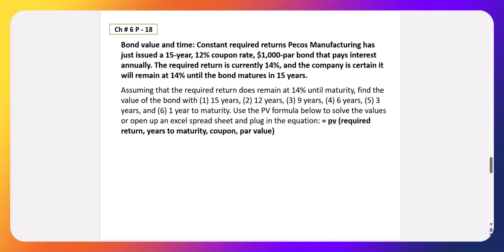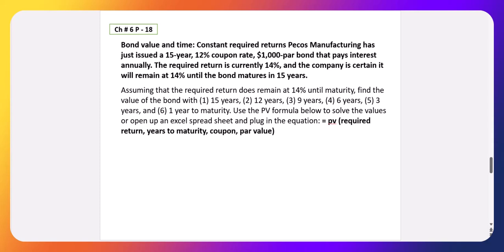Problem 18. Bond value in time. Constant required returns. Pecos Manufacturing has just issued a 15-year 12% coupon rate $1,000 par bond that pays interest annually. The required rate of return is 14%, and the company is certain that it will remain at 14% until the bond matures.